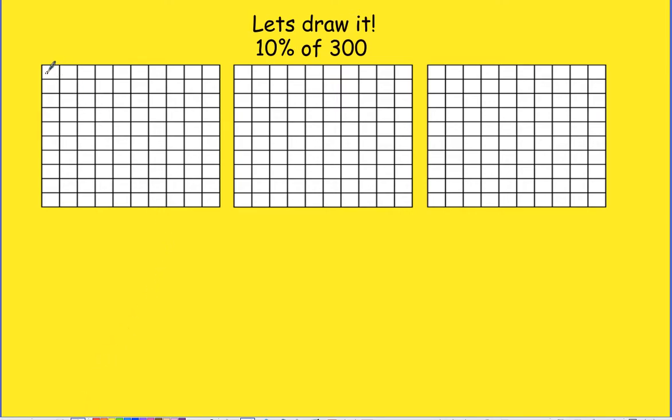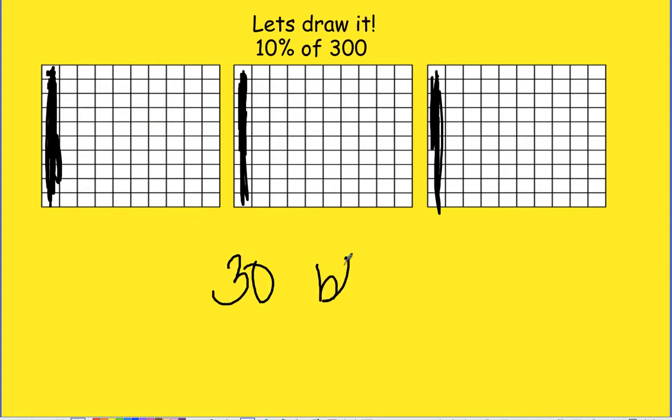If we look at that and draw it, we know that 10 per 100, so here's 100, and we're just going to color in 10, and then 20, and then 30, because it's 10 per 100, so you know that 30 birds have blue feathers and 270 don't.